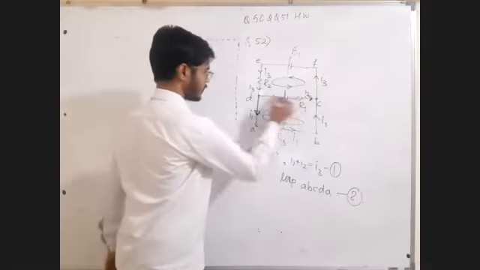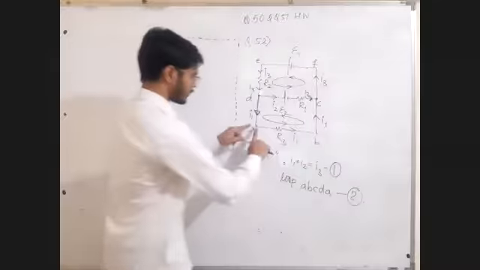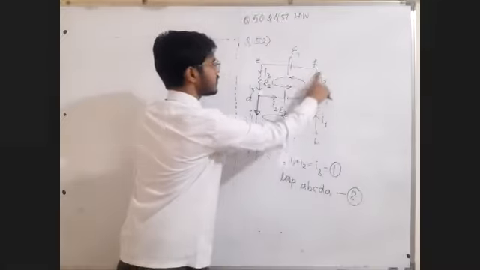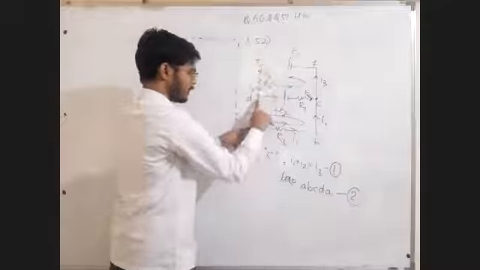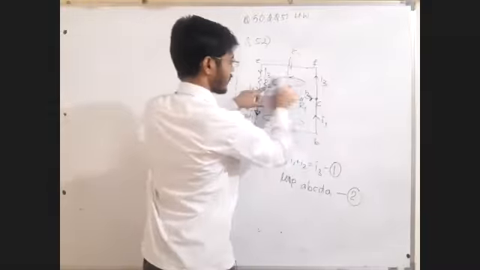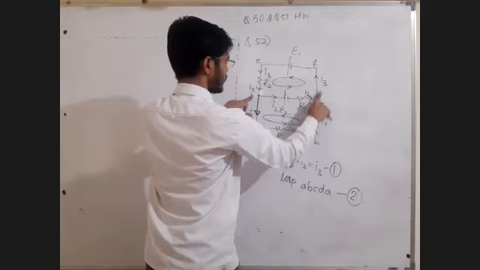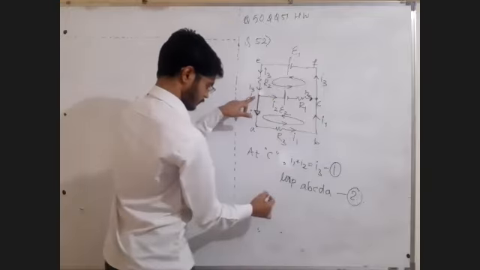Now the third loop, you can assume it like this: A, B, C, F, E, D, A. That is also valid. Or I am going to assume this: D, C, F, E, D.